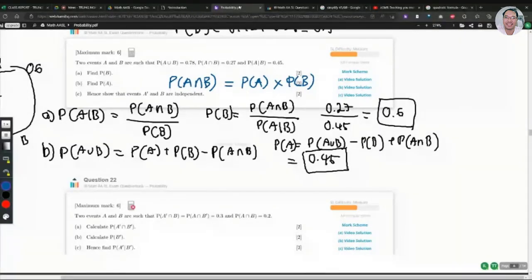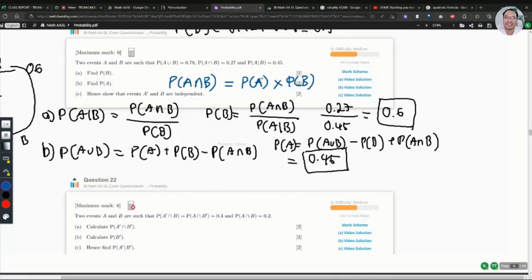So for question C, we multiply the prob of not A and B. The prob A is 0.45, the prob B is 0.6, multiply them and see if it is equal to the prob of A and B, which is 0.27. I thought that we were planning not A, so we have to find out A first.